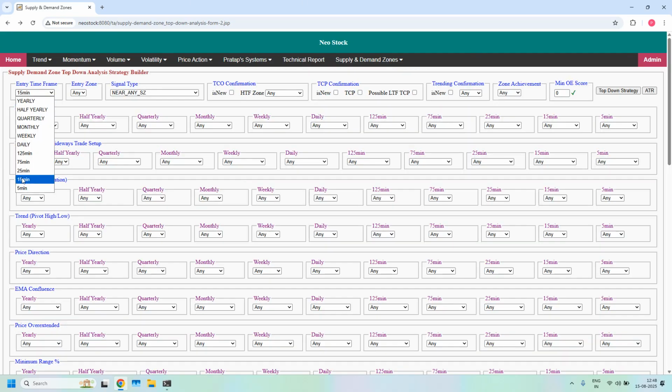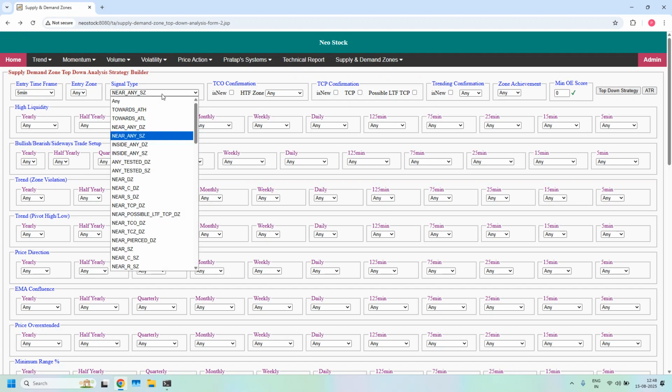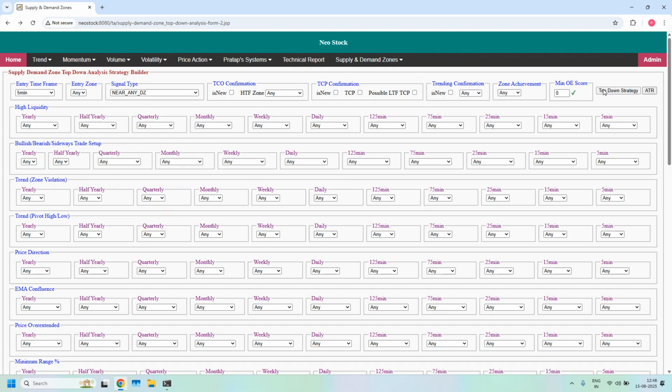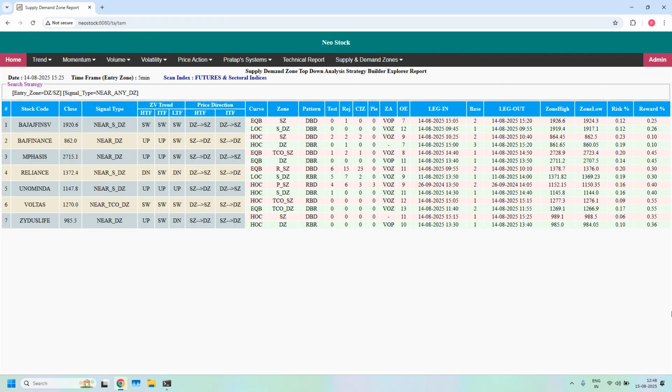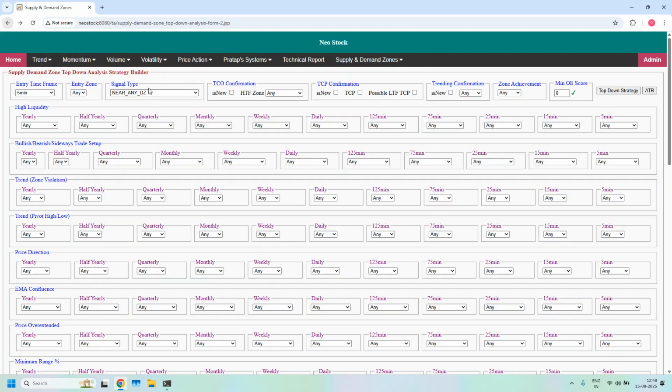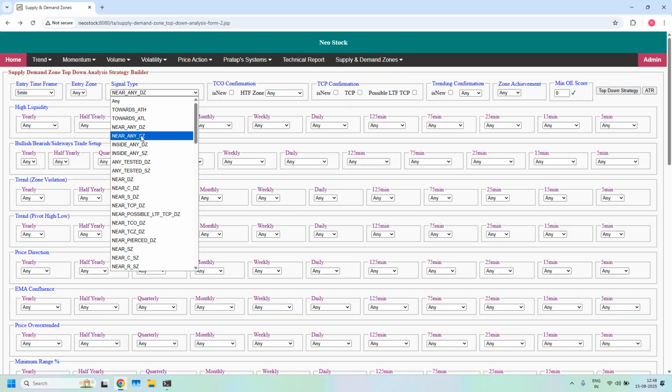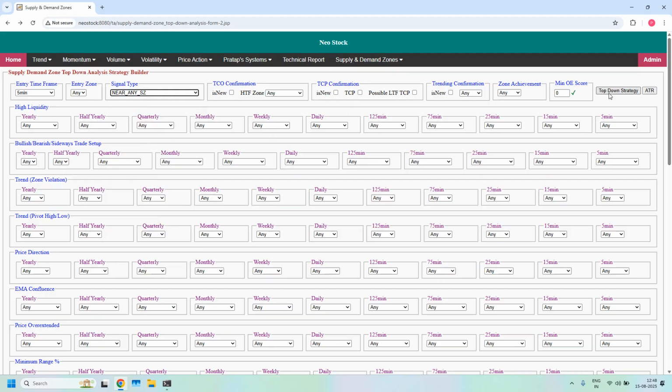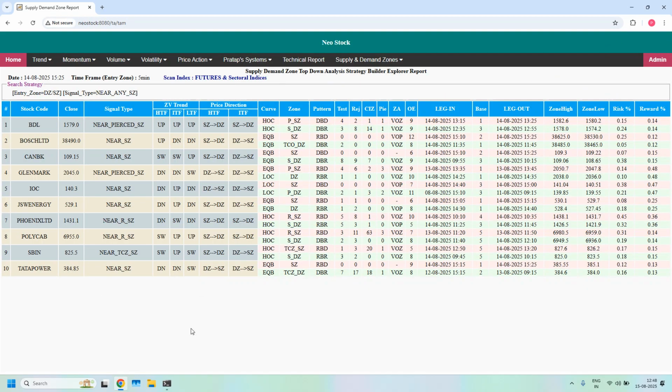Next time frame is 5 minutes. Stocks near to the 5 minutes demand zone, we got 7 stocks. Next, stocks near to the 5 minute supply zone, we got 10 stocks.